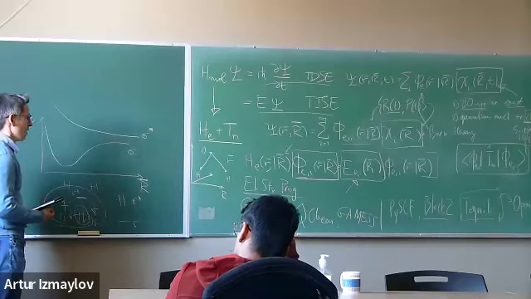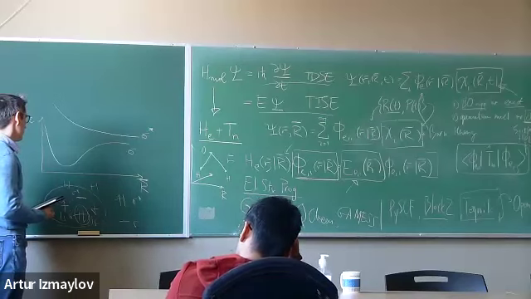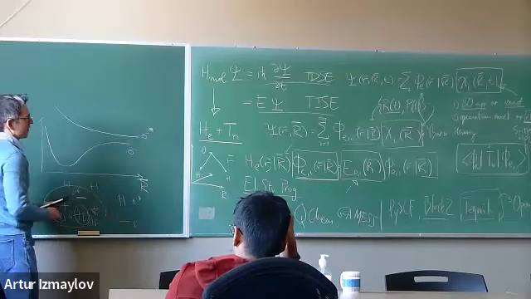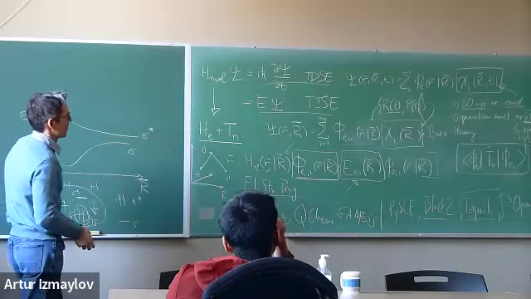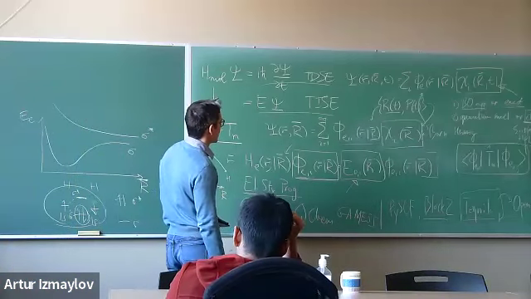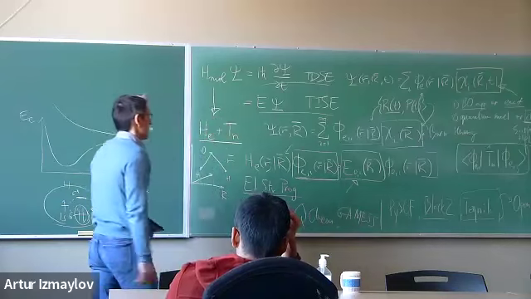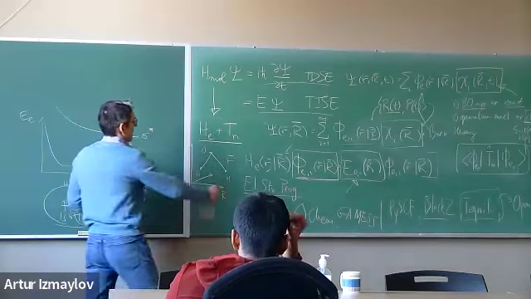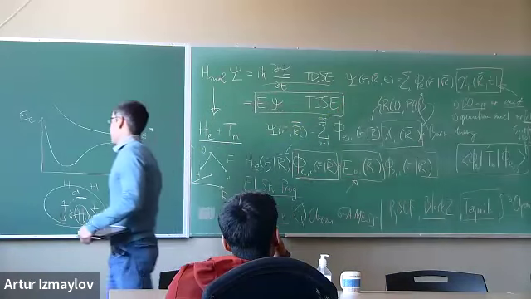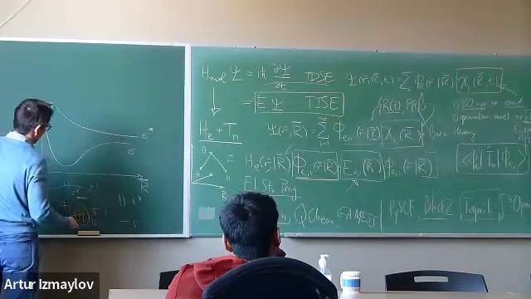It's like unbound states are possible too, H2 plus, and so on and so forth. But this is a good picture to illustrate some of the physical solutions of this equation, the time-independent Schrödinger equation, and especially in the Born-Oppenheimer picture.